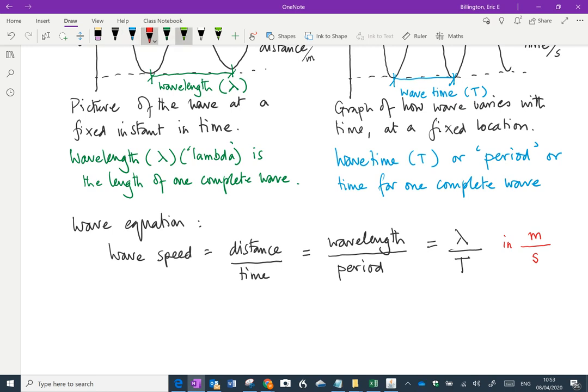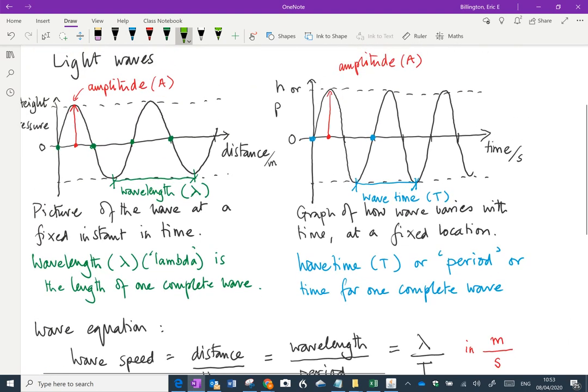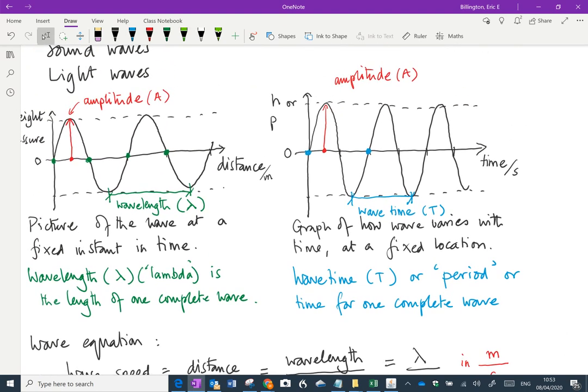Now, there's one last thing, but for reasons which I'm not quite clear about. When we talk about the wave time, we quite often talk about frequency as opposed to period. The period is the number of seconds per wave. The frequency is the number of waves per second.